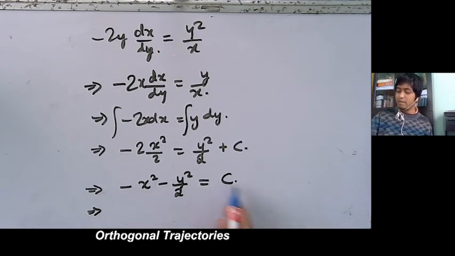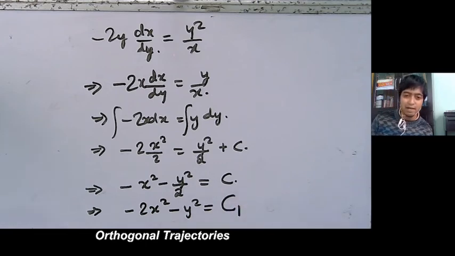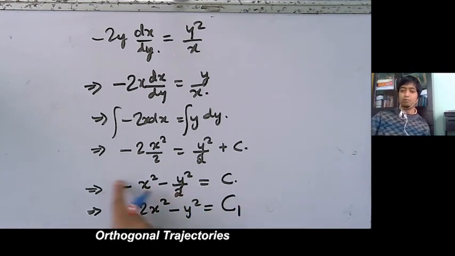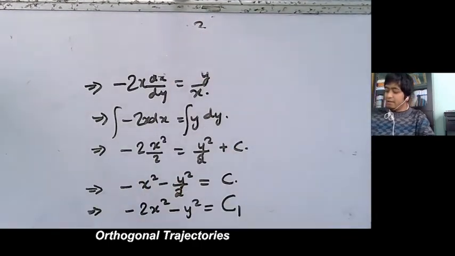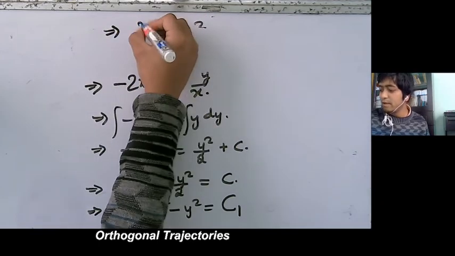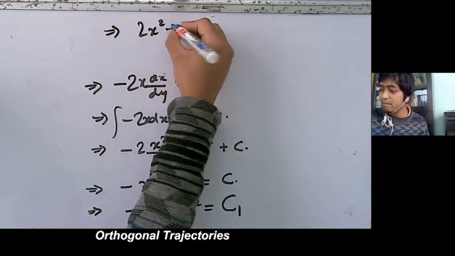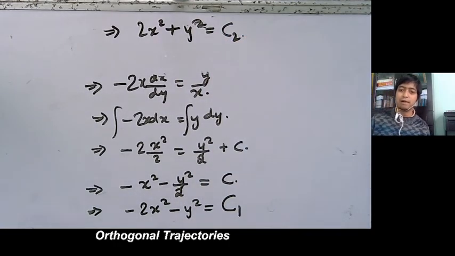Remember that c is a constant, so we can multiply by this constant and it will still remain a constant, which we will denote by c1, multiplied by 2 throughout. Or we can even do better, again multiply by minus. We will be having this one equal c2, which is the required orthogonal trajectories.